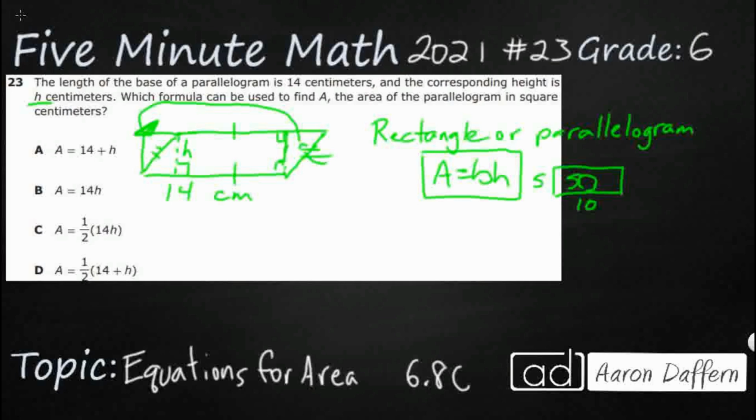You're going to get that missing piece. It's going to be right there. So if we can get rid of this right here, flip it over to this side, look what you have. It's a rectangle. So that's why you can use the exact same formula, A equals BH, for either a rectangle or a parallelogram. So that makes this a pretty simple problem.